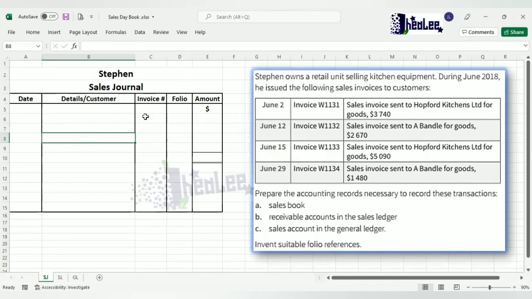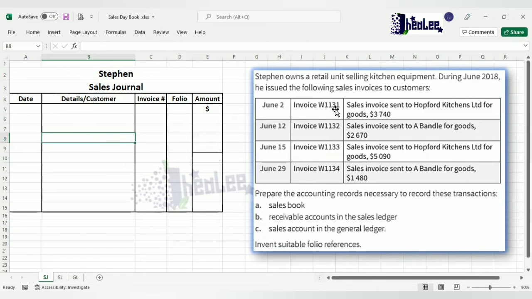In some questions, you'll get the number as you're seeing with this one. Some you will not get the number. So if you don't get the number, you would leave this blank, unless the question indicates that you're to invent invoice numbers. The folio, we will deal with that in another session as indicated earlier. And definitely we have the amount column because we need to know what is the credit sales to that particular customer.